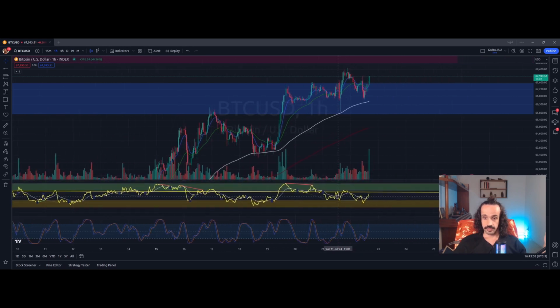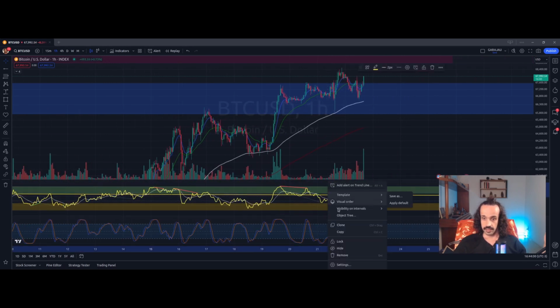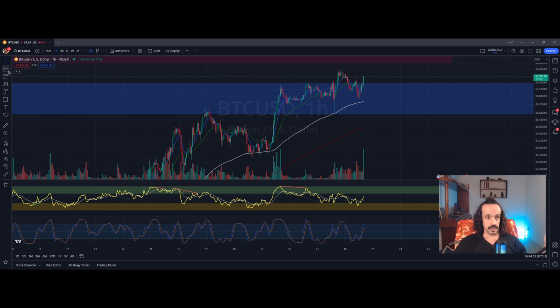Although on the 1 hourly there is a kind of bearish divergence.